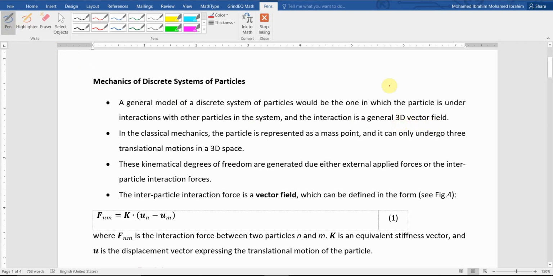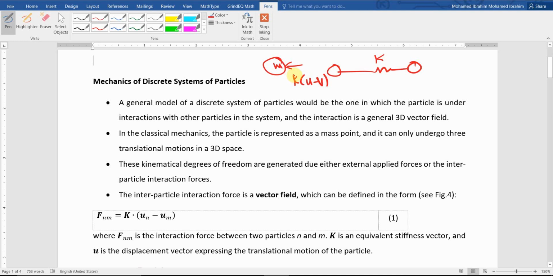For example, in the monoatomic lattice, we represented the interaction by a spring, which was a linear, one-dimensional spring. When we drew the free body diagram, we saw that this mass was under a spring force, which was K times (u minus v), for example. So generally, this is just a force, a directional field.